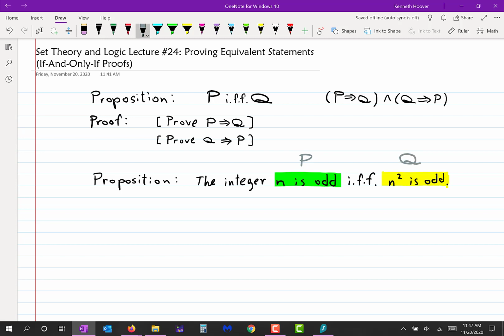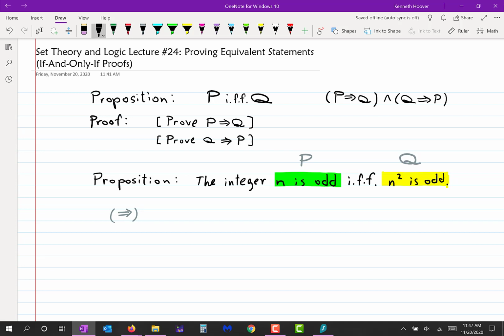Okay? So first, let's do what people usually call the forward direction. I'll label this here. P implies Q. Or, to be honest with you, a whole lot of people will just write this. All right, so let's do that proof.